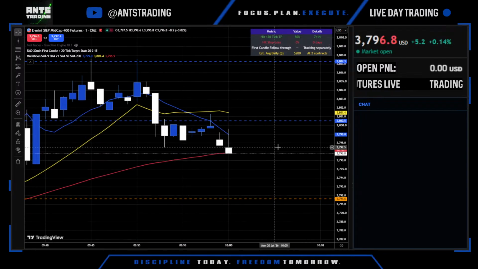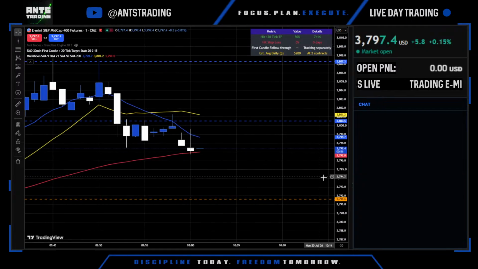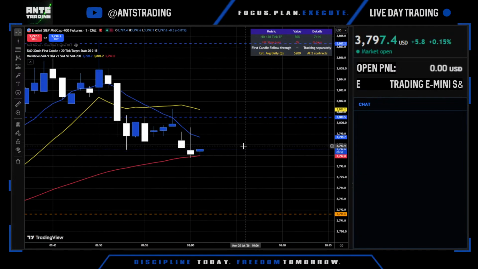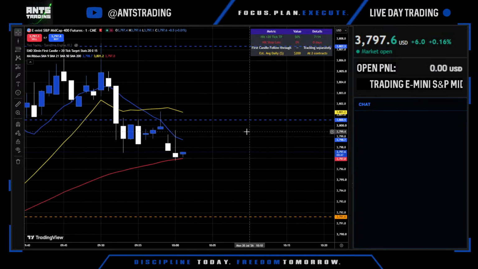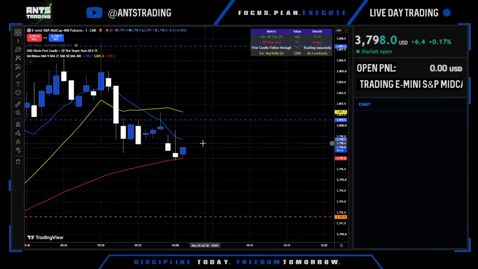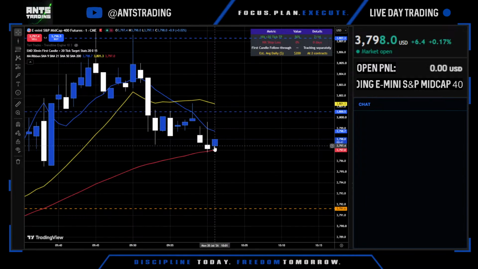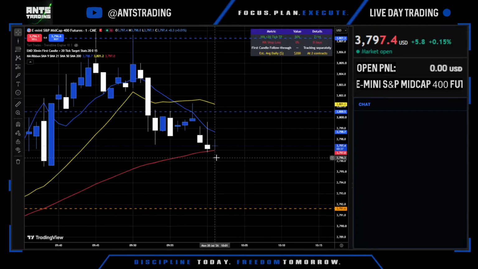So for me, if it passes this red line, then I'll take the short. Which that might be what's happening. If it's gonna short, I want the price to be below the red line.